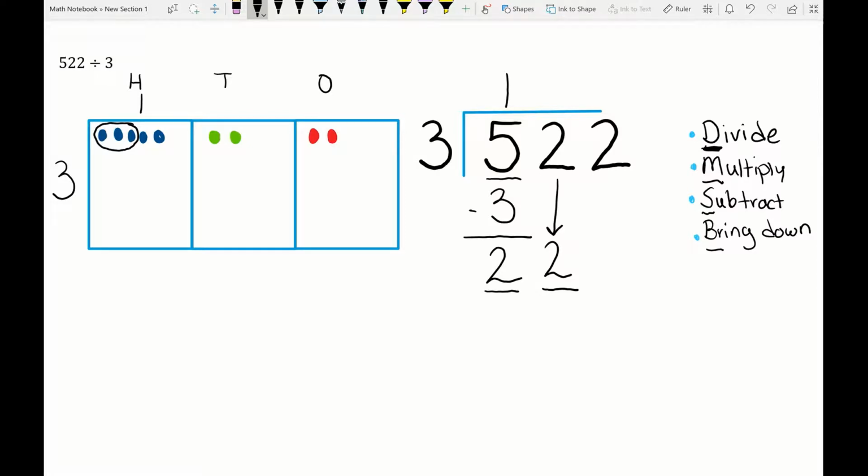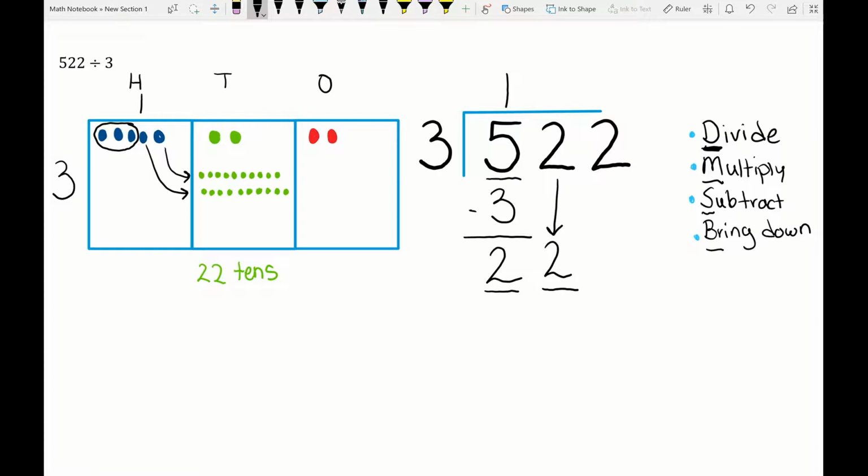In order to continue making groups of 3, I'm going to need to regroup 2 of my hundreds into tens. I know that there are 10 tens in each hundred. I now have 22 tens.